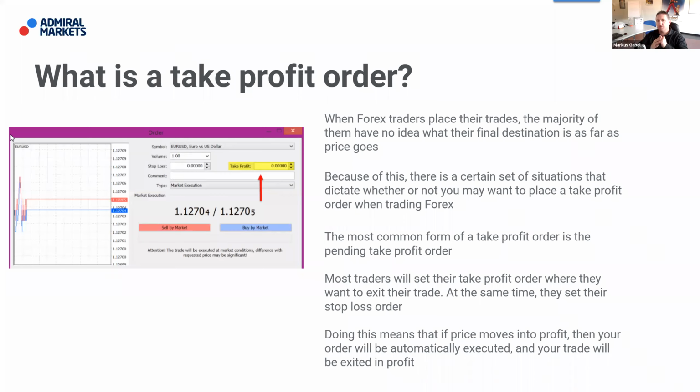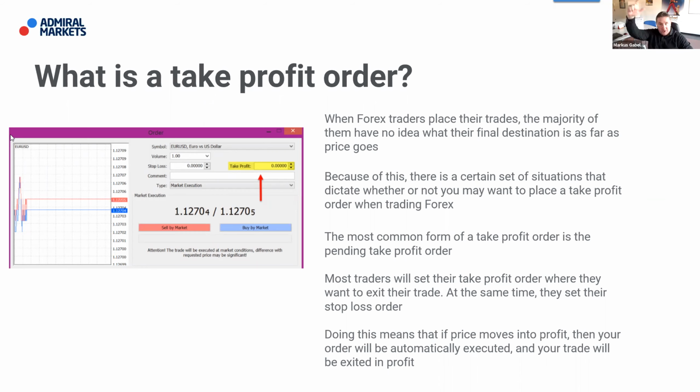So the most common form of a take profit order is a pending take profit order, which means you set a take profit order where you want to exit your trade. At the same time, you will set your stop loss order so you know where you want to go out of trading. And it's the same, you want to know where to go out in profit.